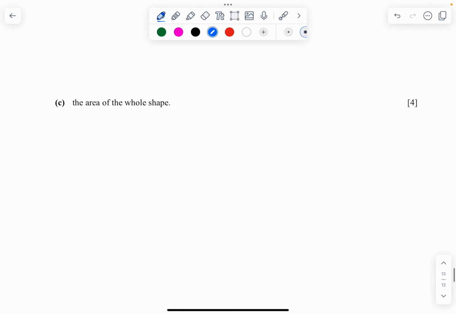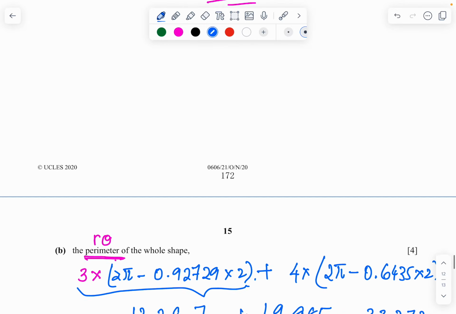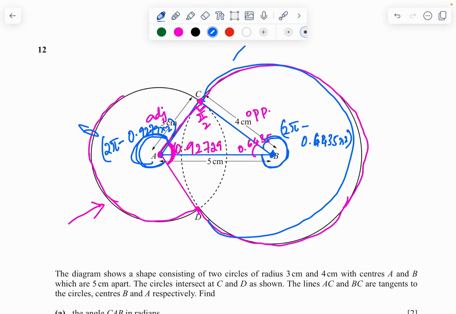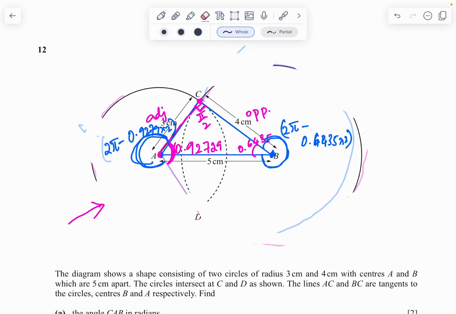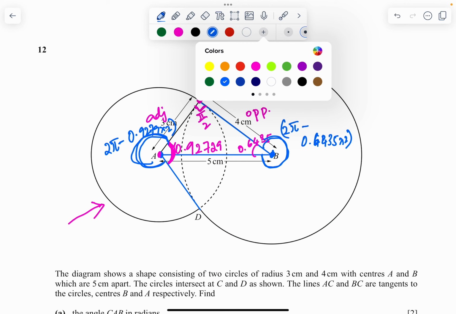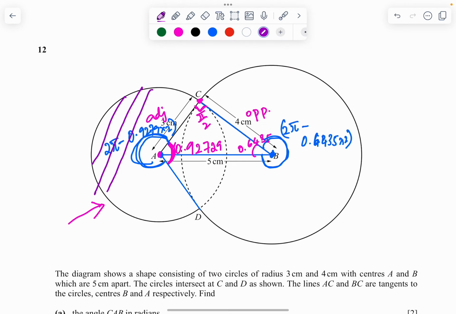Then the area of the whole shape. So let me clear this diagram here. I'm not going to clear the angles yet because we still have to use that. So how do we find the area of this whole thing? So same as our perimeter. So first I'm going to find the area of this sector, this part.